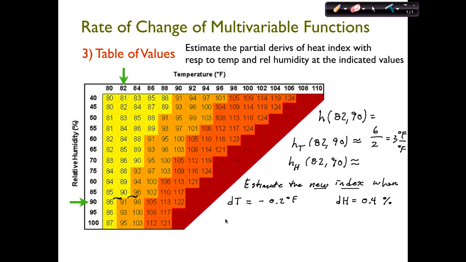So what I did is I used 91, and it's 91 plus negative 0.2 times 3. And it's equal to 90.4.